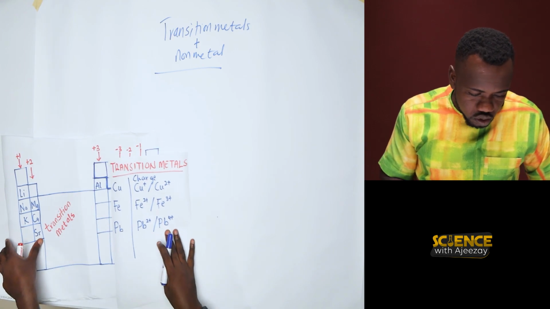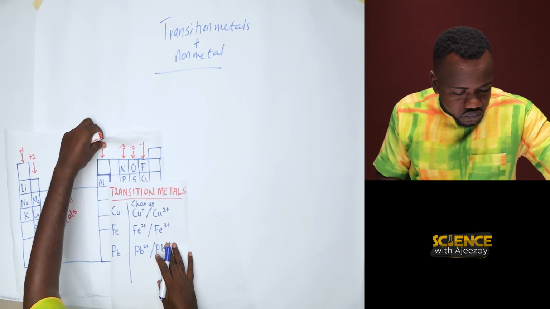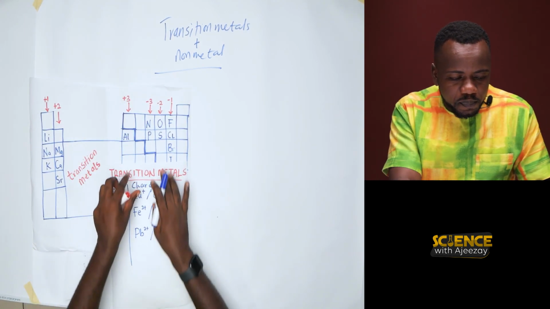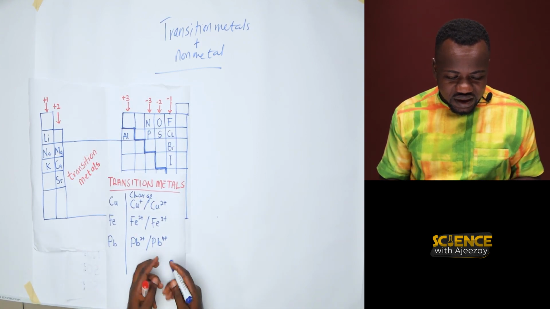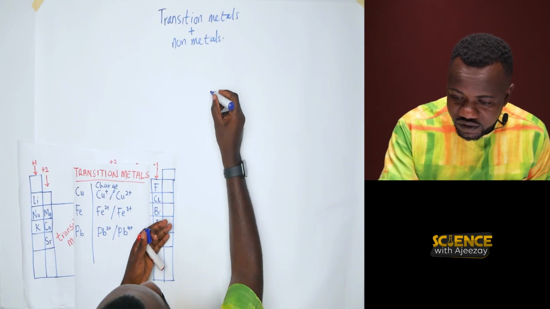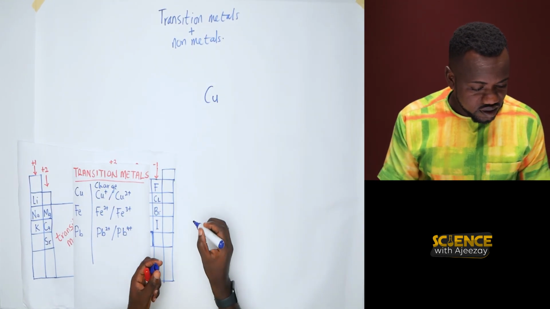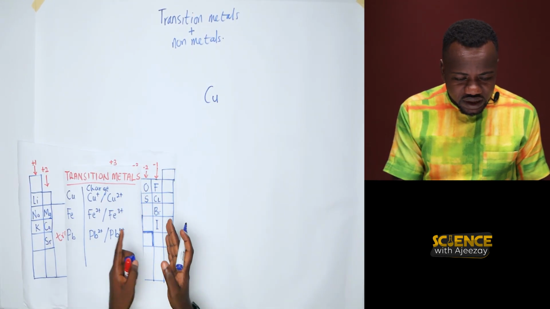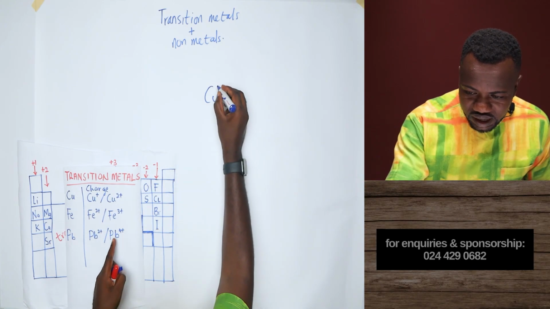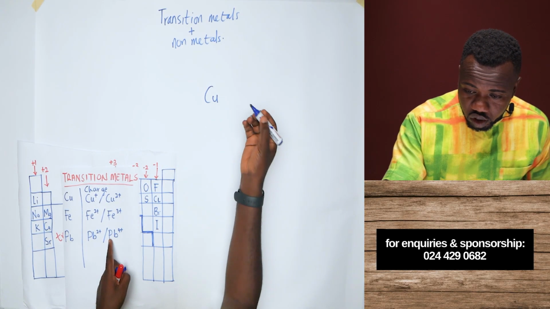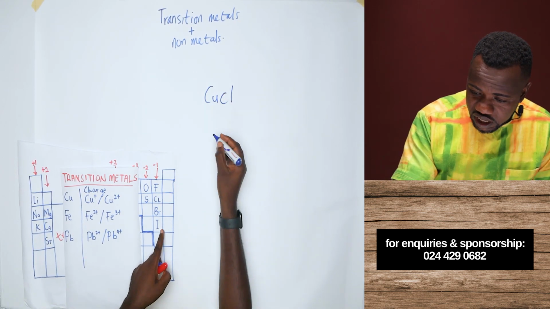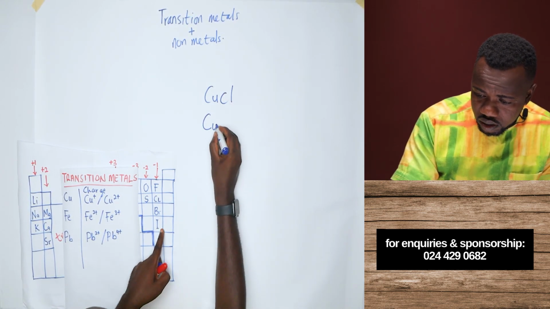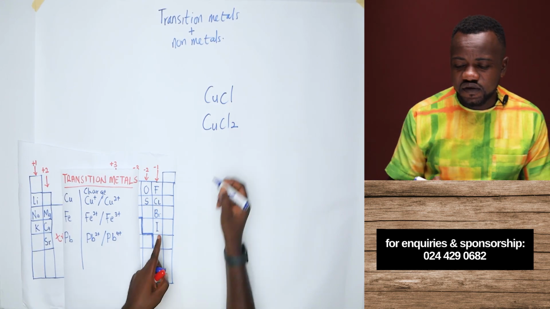So let's first take our incomplete periodic table here. Let's say copper, and then chlorine. That's copper chloride, and then we can have another one like this.